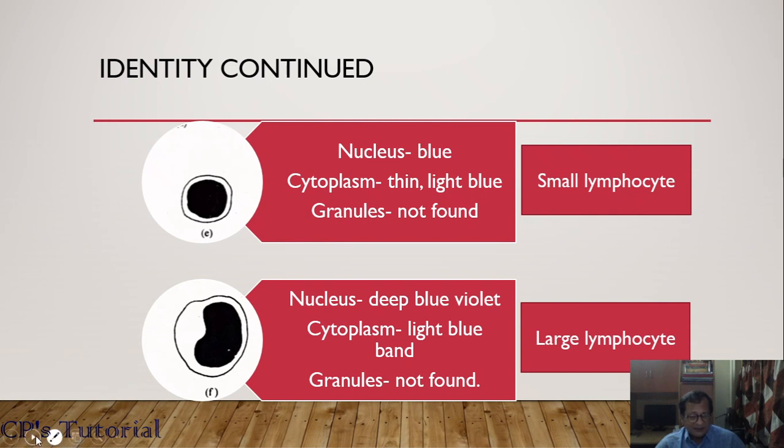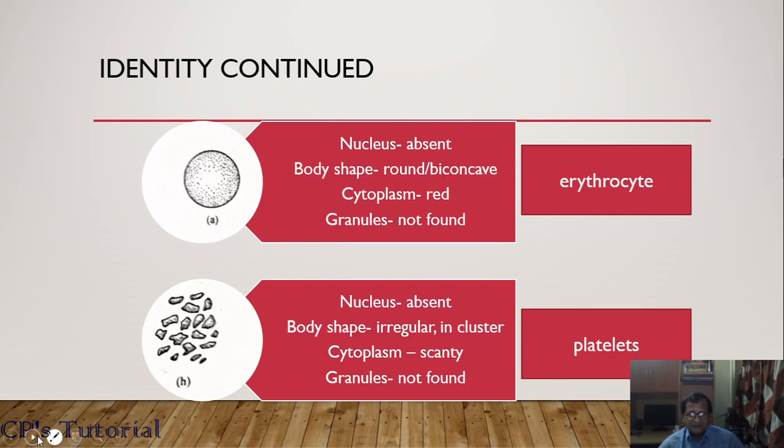Now come to another cell. That is erythrocyte and platelets. The same character is there. That means the nucleus in case of RBC and in case of platelets is absent, and also any kind of granules are not found.